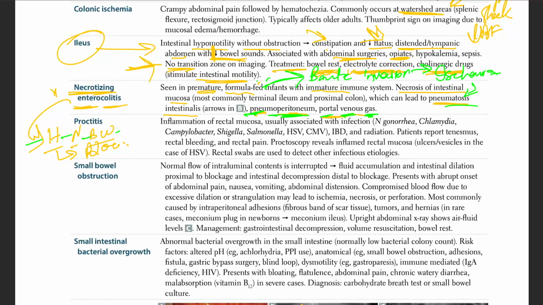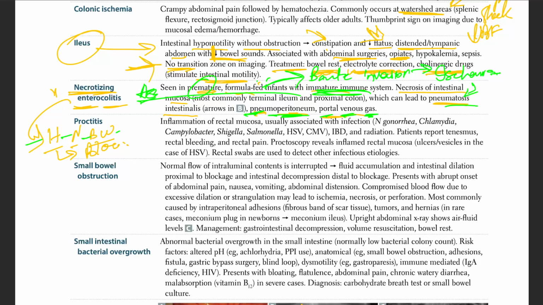Okay. The association is always with the formula-fed infant, premature child, which has an immature immune system. Why are we saying premature? Because of the immature immune system.